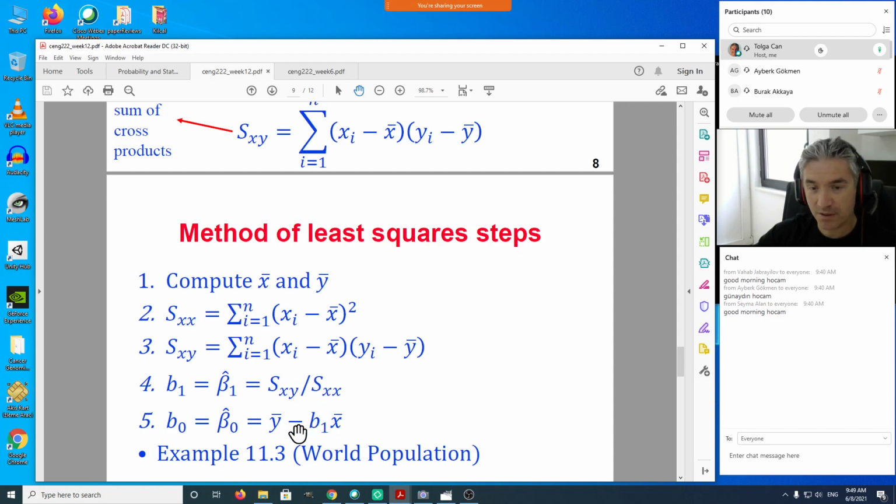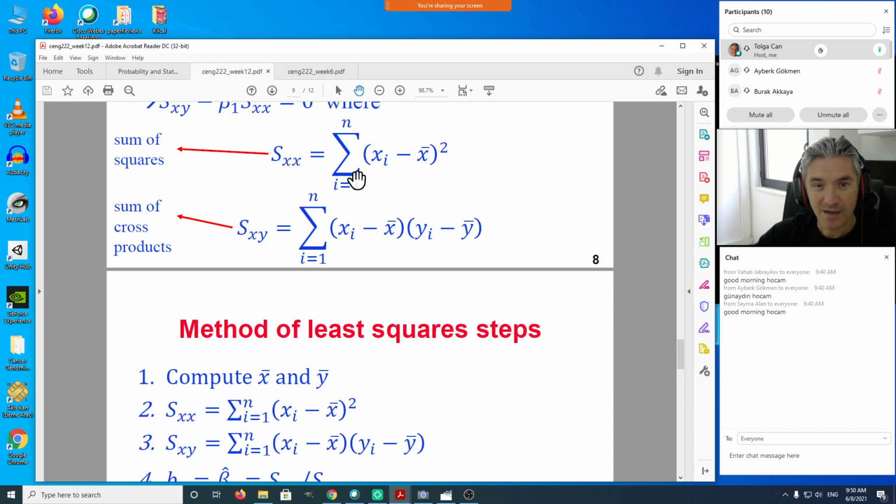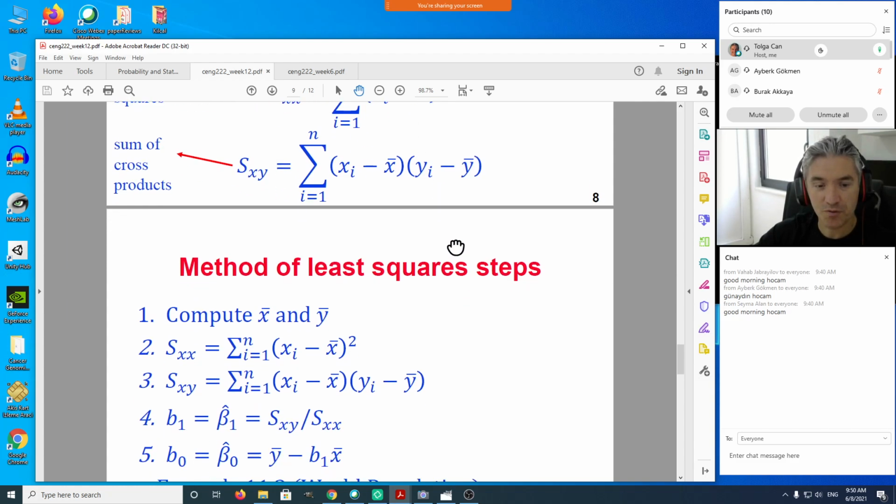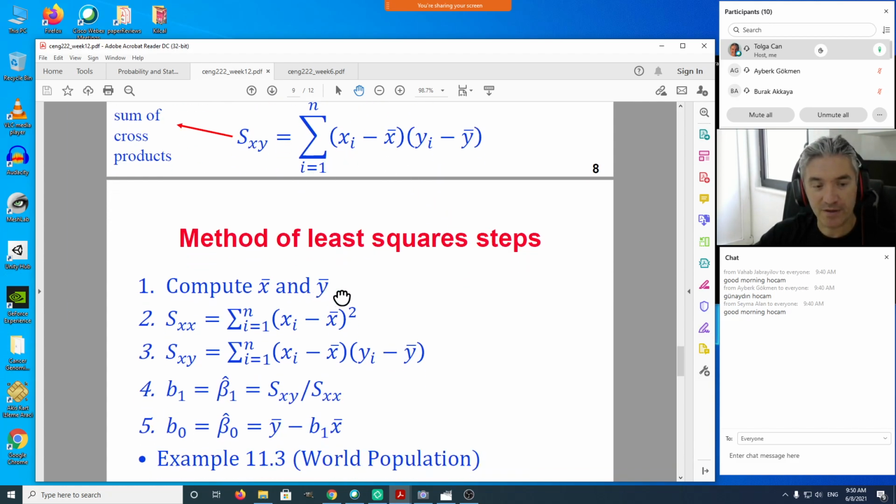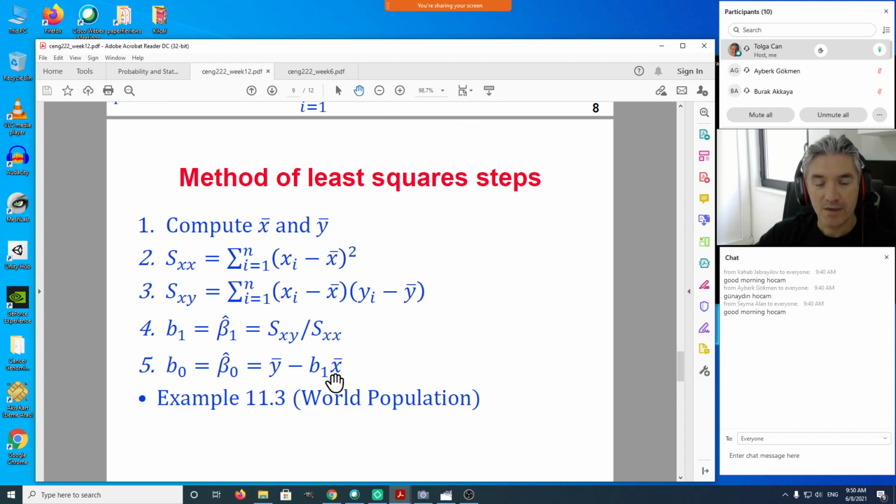So writing a simple program to do least squares univariate regression is really simple. As you can see, all these things are computable directly from your sample data. Divide this one by the other one, you get beta 1. Multiply beta 1 with x bar, subtract it from y bar, you get your beta 0.